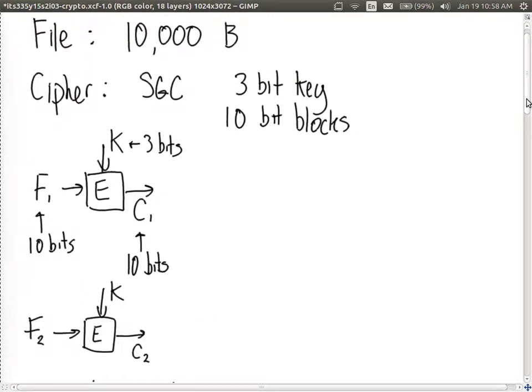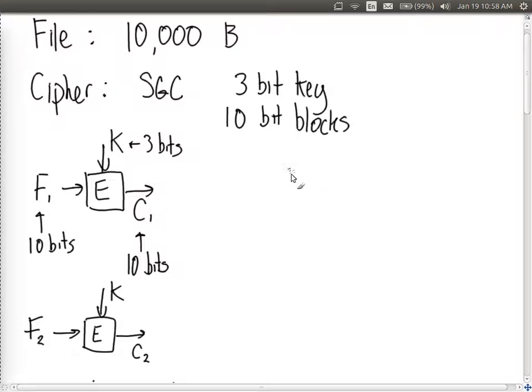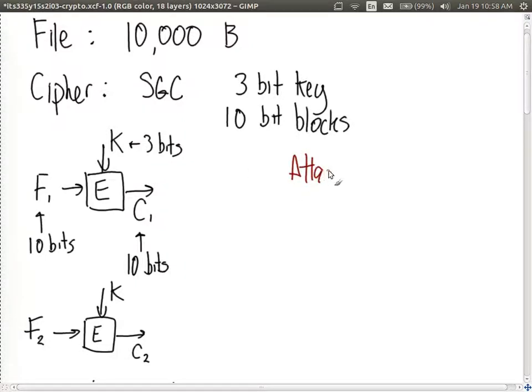Now, consider an attacker. If they intercept some ciphertext, they know the ciphertext, they know the algorithm, and they want to find the plain text and or the key. So what do they know?